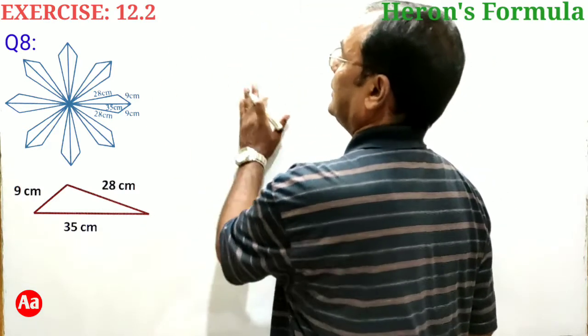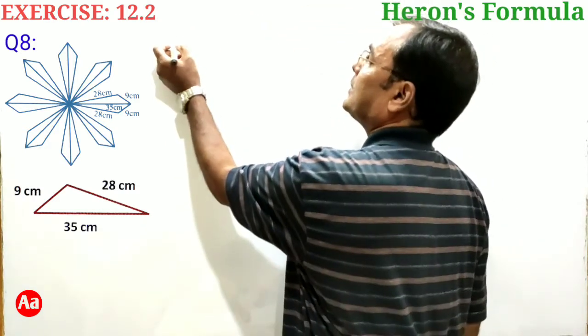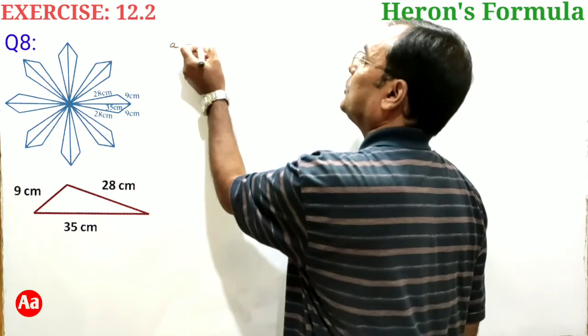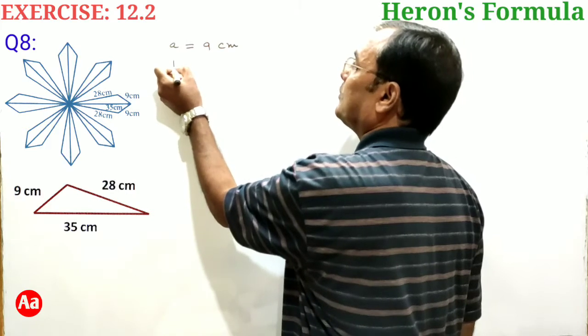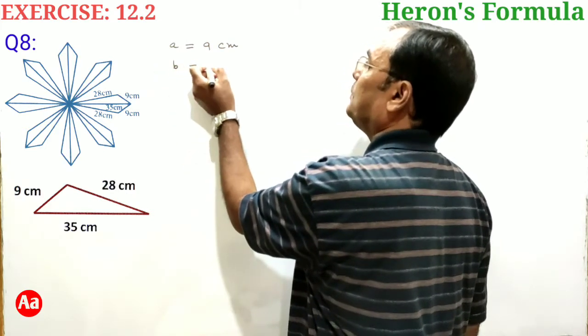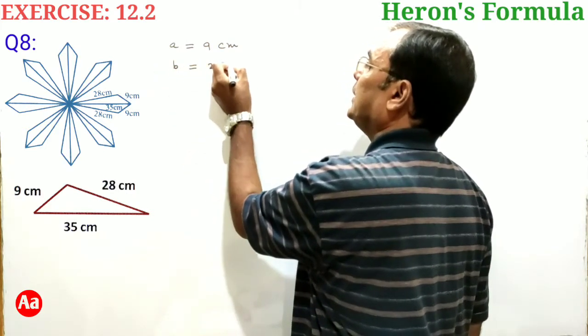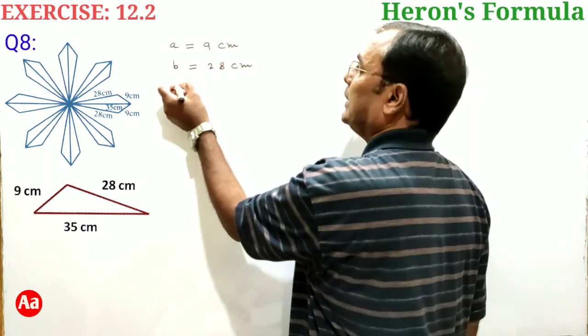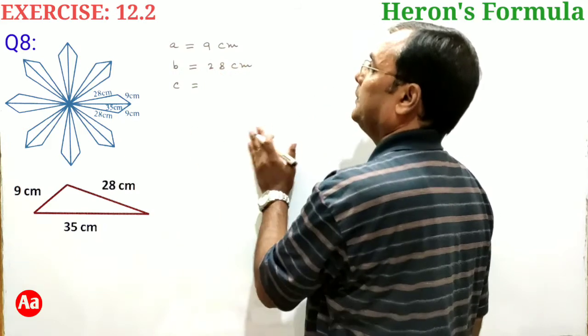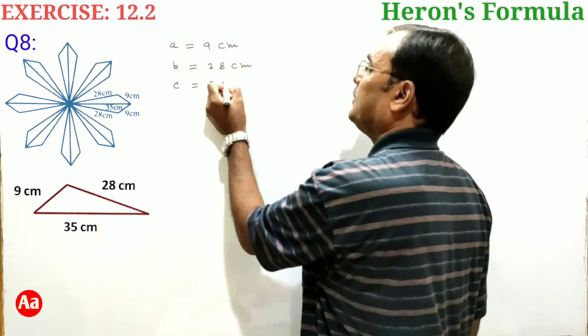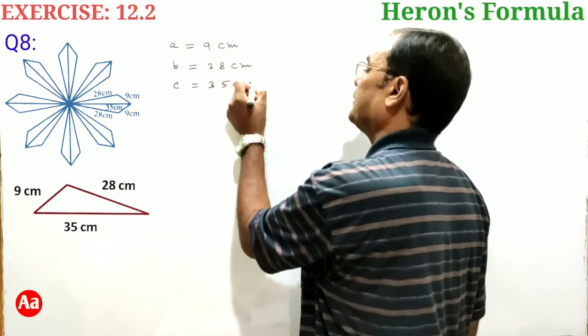So let's write the 3 sides as A equal to 9 centimeter, B is equal to 28 centimeter, and the third side of the triangular tile C is 35 centimeter.